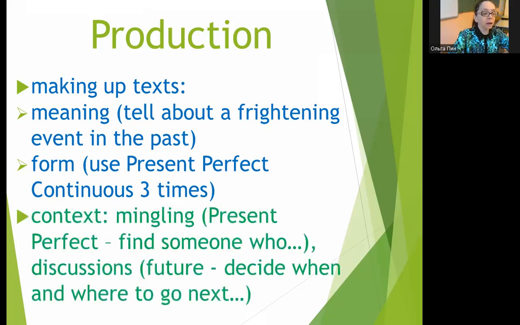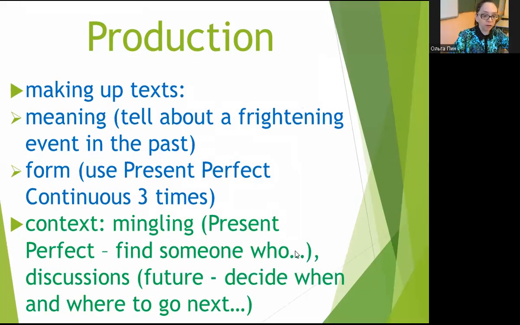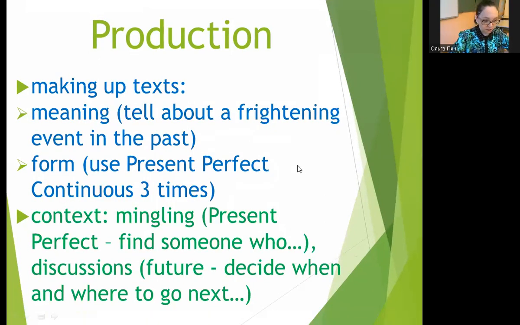Then, context. So, you can organize a mingling activity. Of course, the classical example is find someone who to practice present perfect or present perfect continuous. And you can organize kind of discussions.